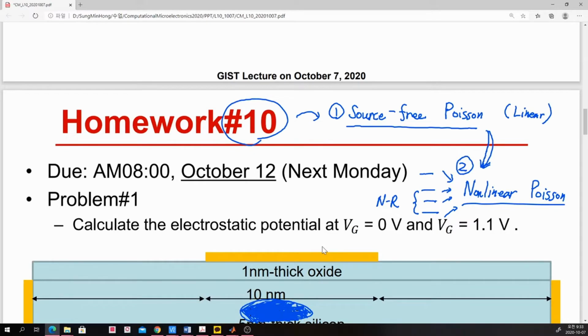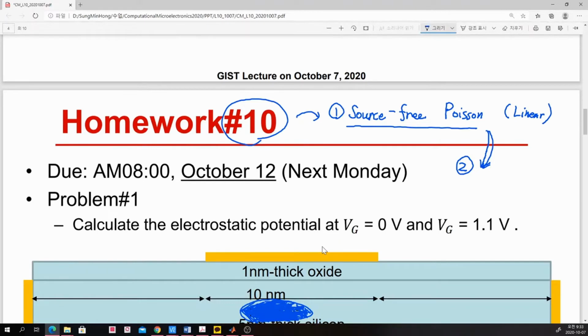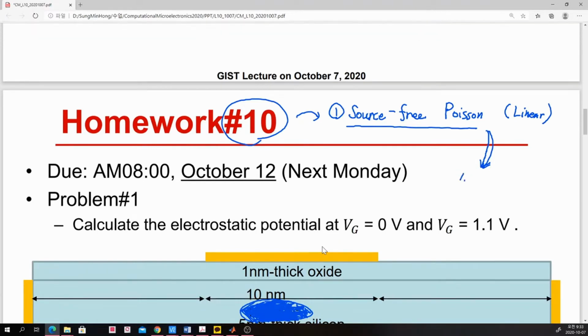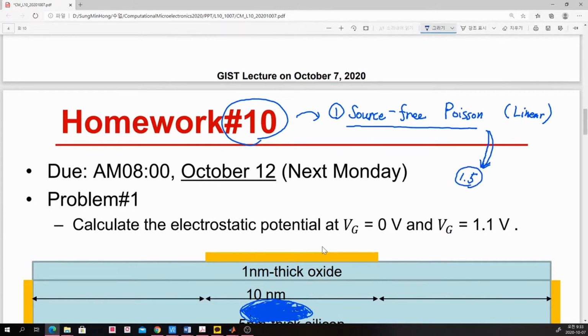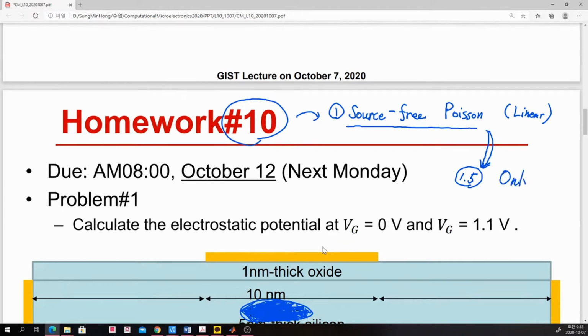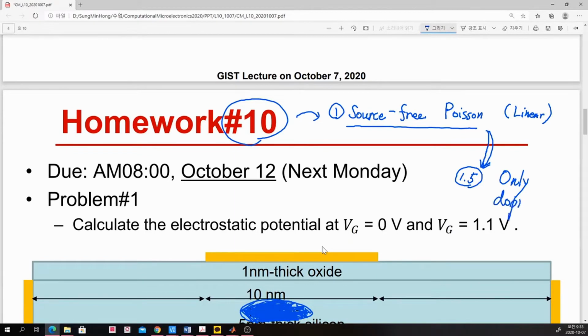Then if you have a problem, you can try to find your bugs in your charge term. When you insert your charge term, if you have a problem, then my recommendation is to introduce an intermediate step. In this case, instead of having the full nonlinear Poisson solver, first consider only doping densities.